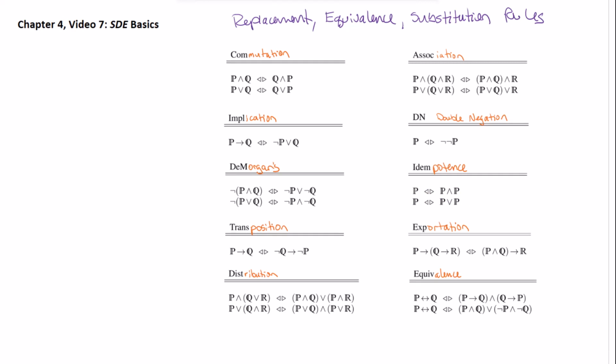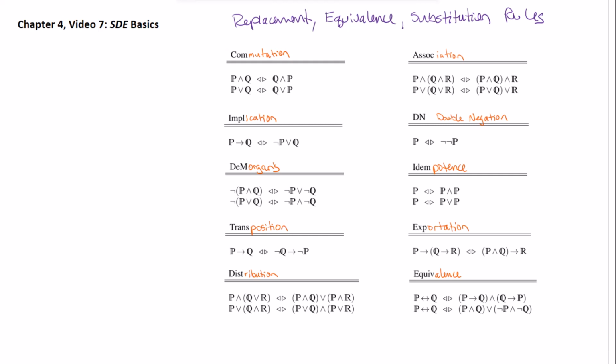Now, in the next video, we'll look at how to decide when and which of these rules to use. One of the great, but also sometimes frustrating things about SDE is that there's a lot of redundancy in the system now. And so there are going to be many different ways to efficiently complete a derivation.